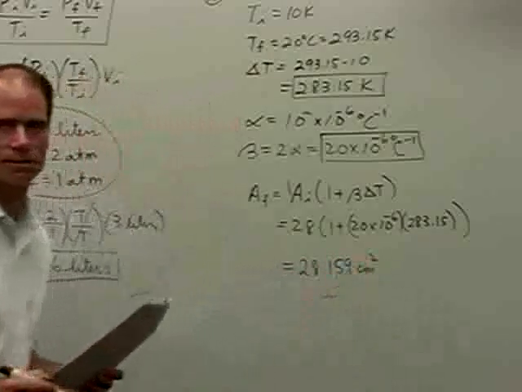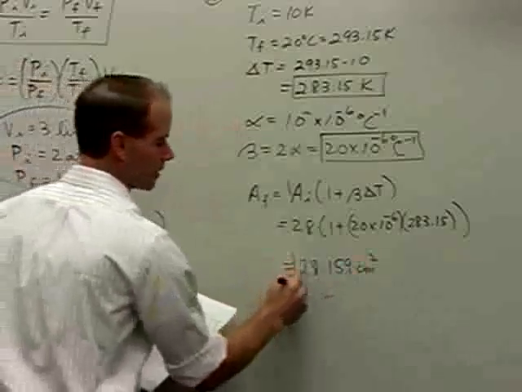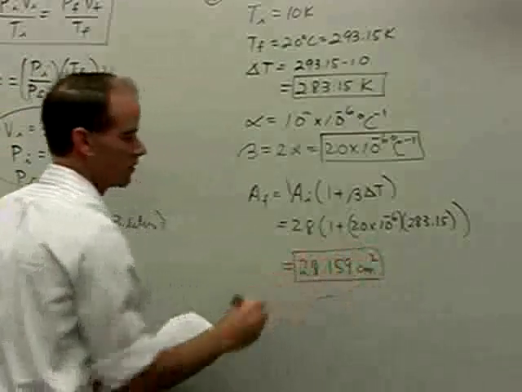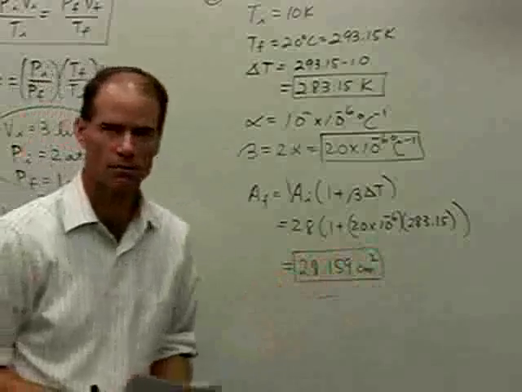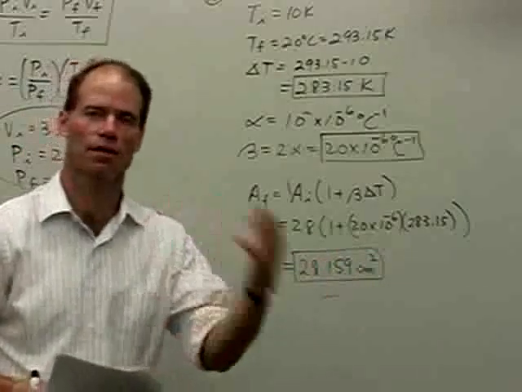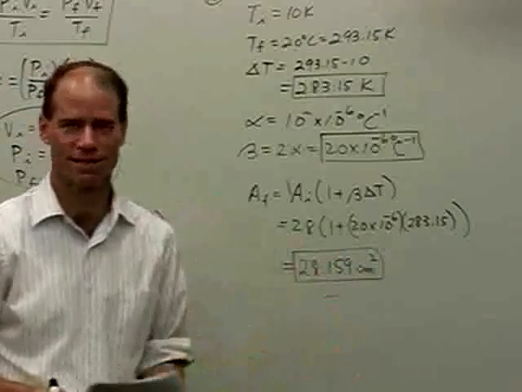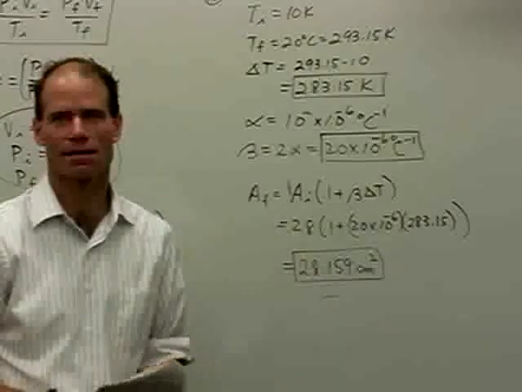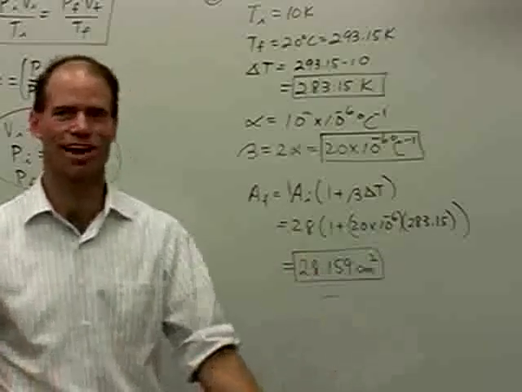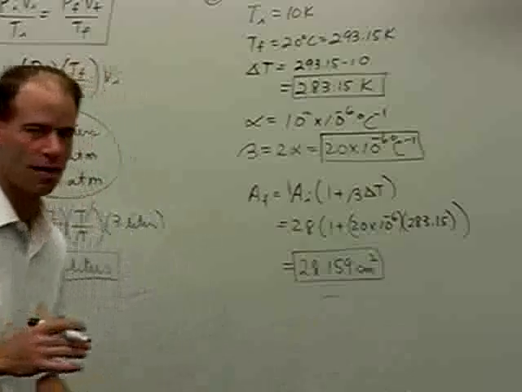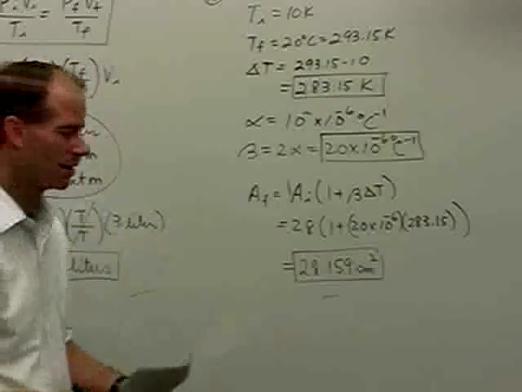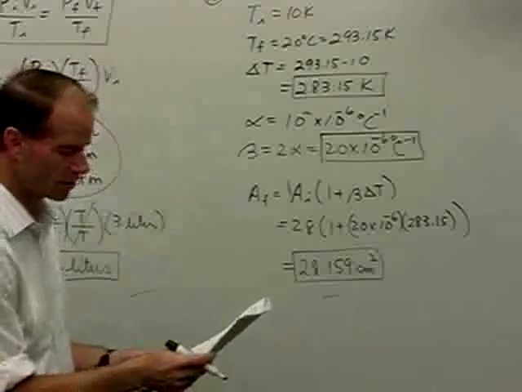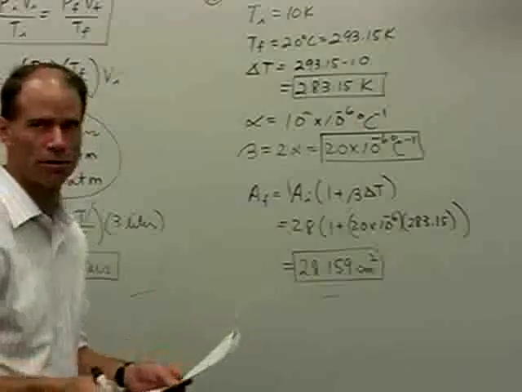square centimeters. So that's the size of the plate that we need at room temperature, so that when it is cooled down to 10 degrees, then it'll be 28 exactly. But we have a plate that's 29 already at room temperature, so we're going to have to cut that plate and take some away. And that was the question: what area do we need to remove?